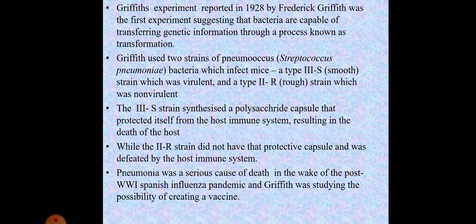The 3S strain synthesizes a polysaccharide capsule, or covering, that protects it from the host immune system, resulting in the death of the host, while the 2R strain was not capable of synthesizing that polysaccharide capsule, and that is why it is defeated by the host immune system.